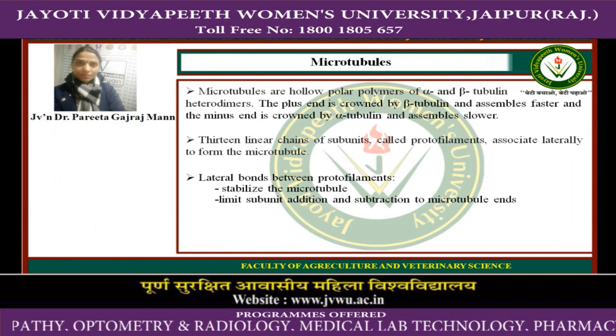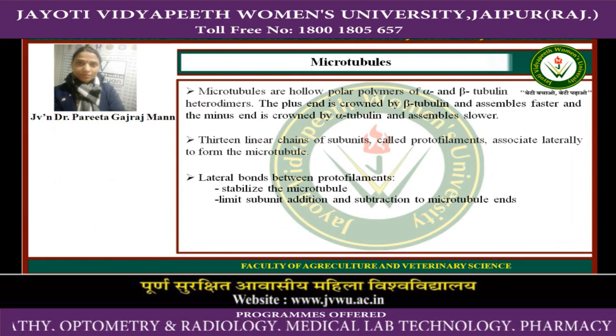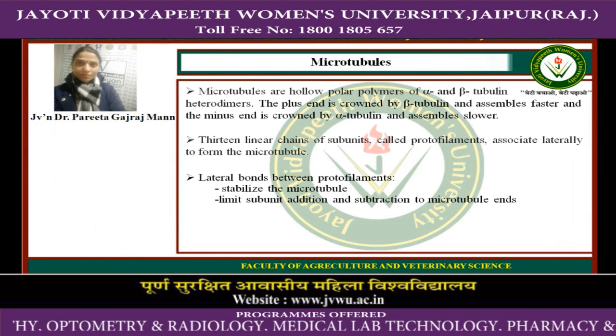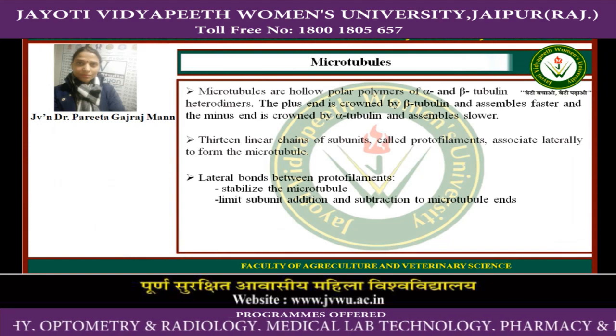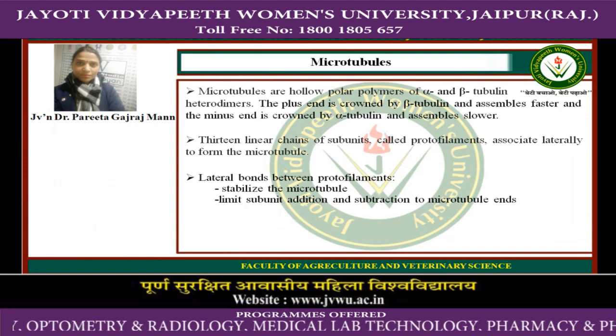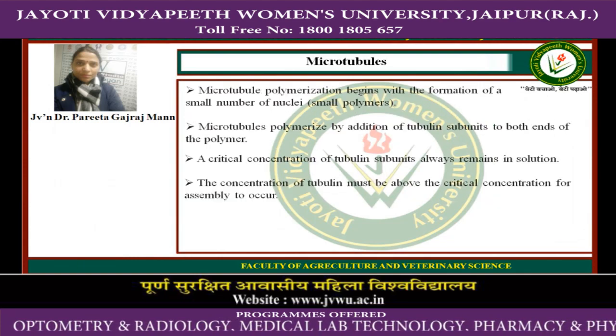A microtubule is made up of 13 linear chains of subunits, known as protofilaments, and they associate laterally to form the microtubule. Lateral bonds between protofilaments stabilize the microtubules, and they limit subunit addition and subtraction to microtubule ends.